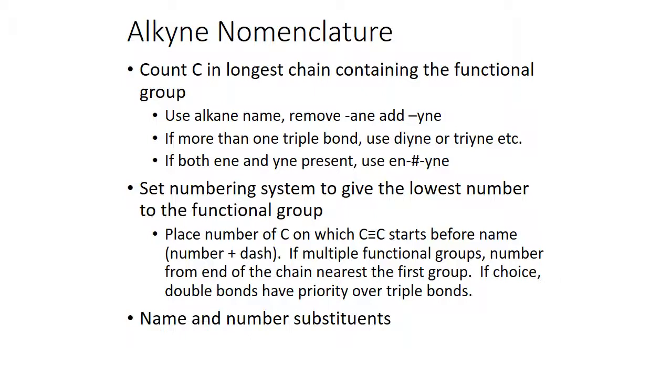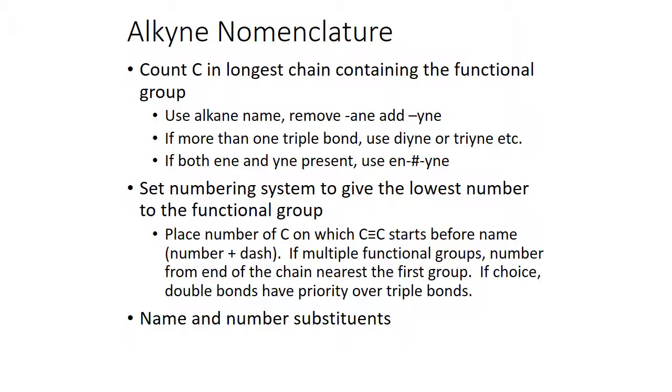Instead of adding an ene, we add an yne. If you have more than one triple bond, you would use diyne or triyne. If you have both an ene and an yne present, we use the format of ene-yne.